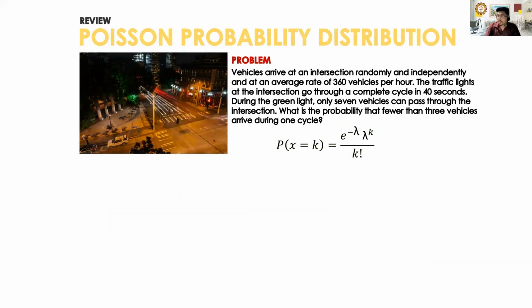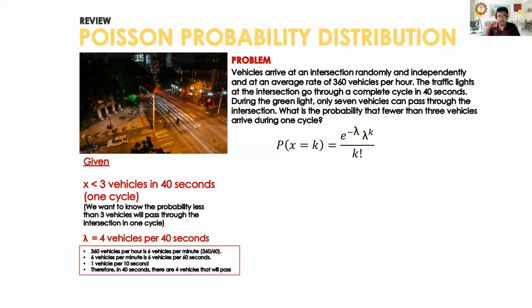Now, what is the probability that fewer than 3 vehicles arrive during one cycle? This problem is an example of an engineering problem that some of you can relate to, especially CEs and IEs. In this problem, we are asked for the probability that fewer than 3 vehicles arrive during one cycle.